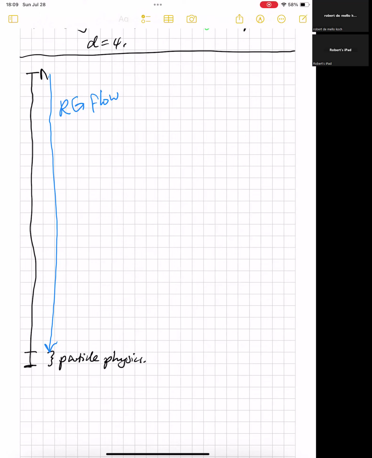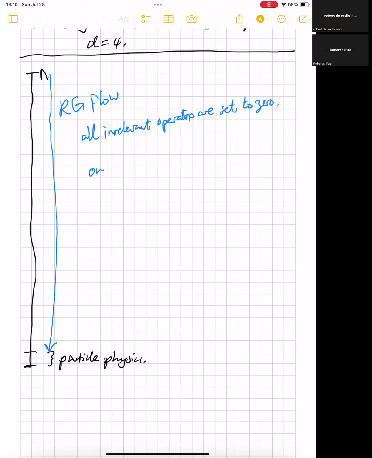Concretely, you'll do steps 1, 2, and 3, and then keep repeating until you're all the way down to low energies. So during this RG flow, you'll find that all irrelevant operators are set to 0. So by the time you get to low energy, all irrelevant operators have disappeared.